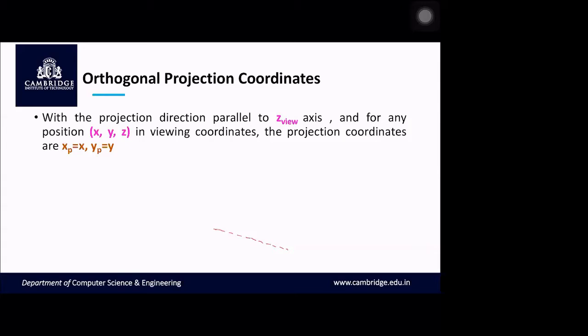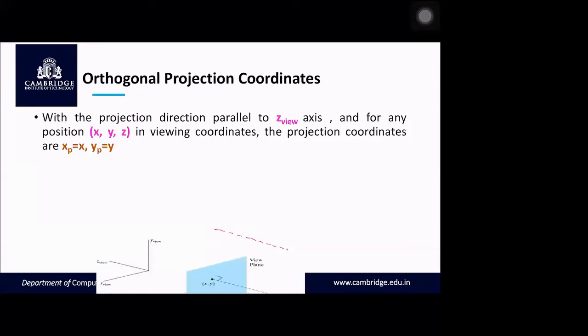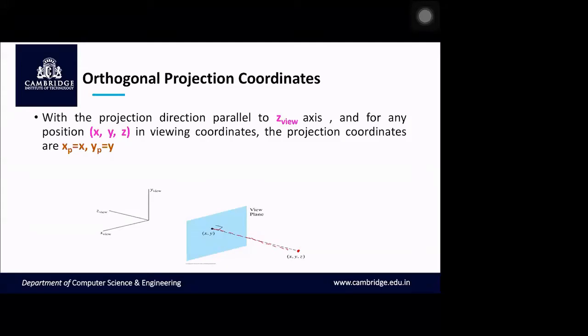With the projection direction parallel to the Z view axis, consider any position x, y, z in viewing coordinates, a point in the world coordinate system, considered as an object currently. What will be my projection coordinates on the view plane?